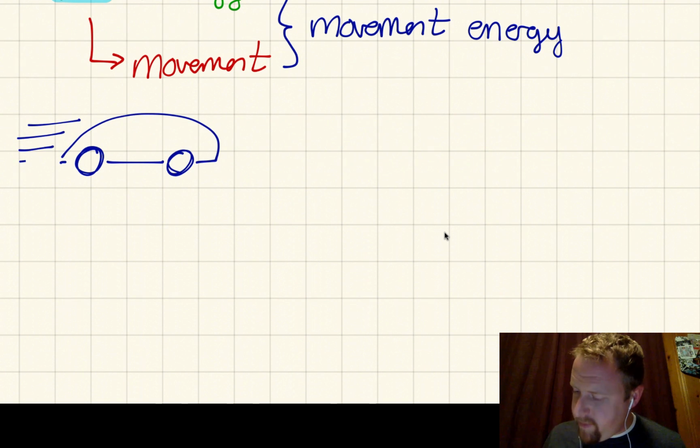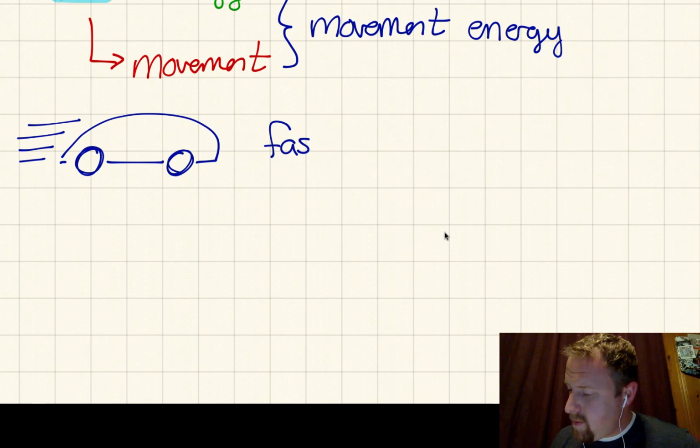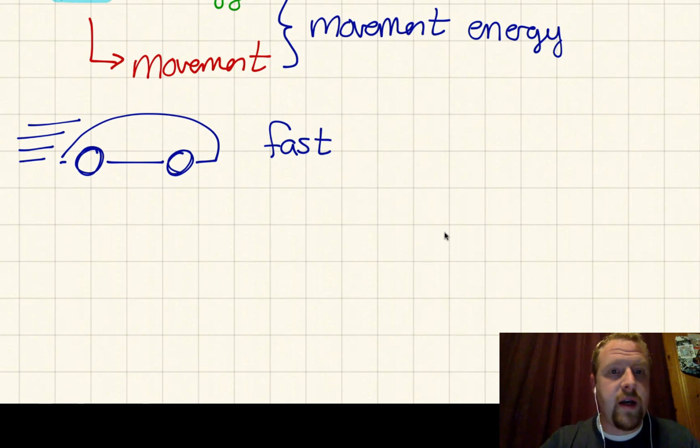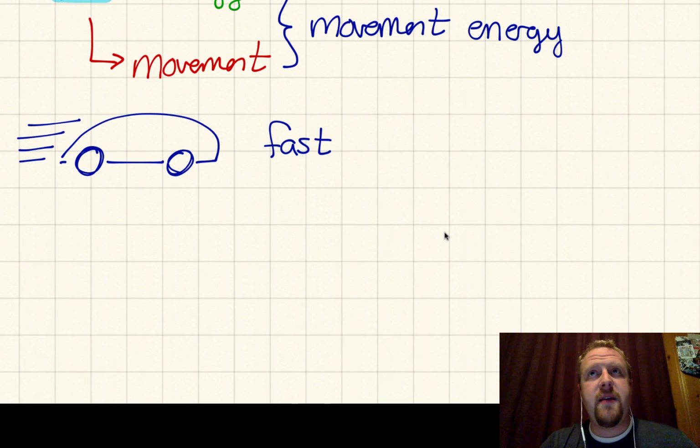And the car is traveling fast, denoted by those little lines behind it. If the car is going fast, by our standards, then we might say that it has a lot of movement energy.